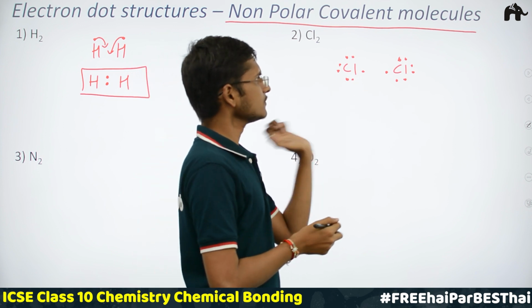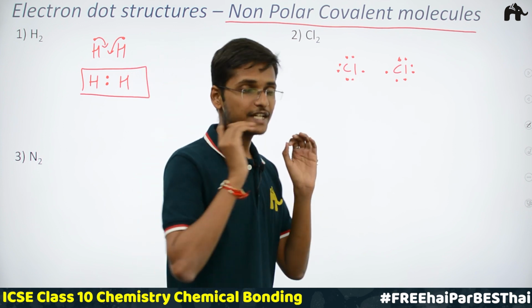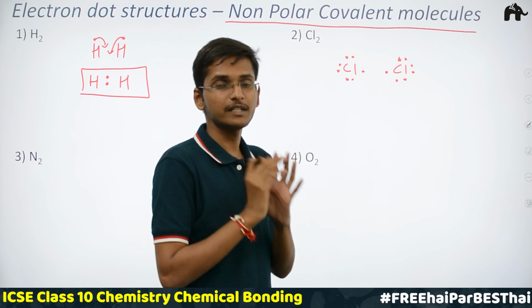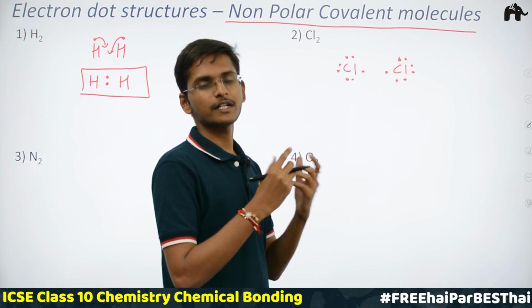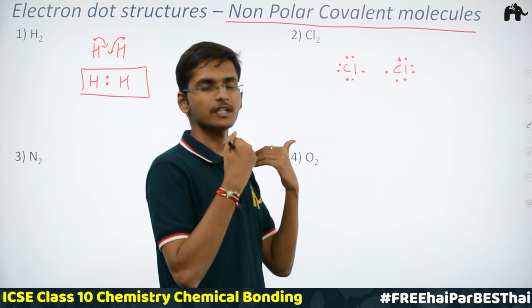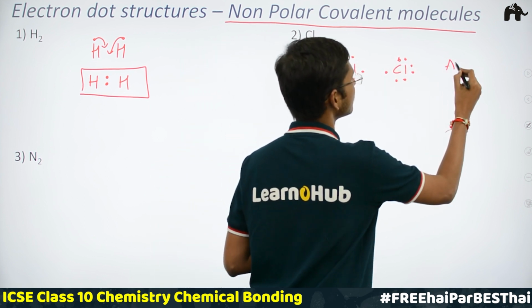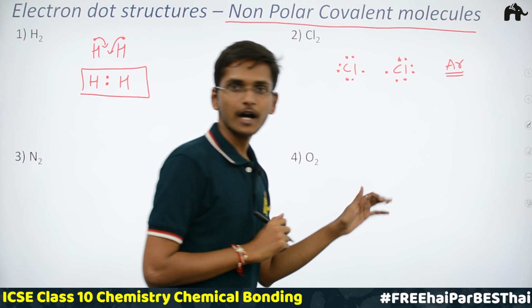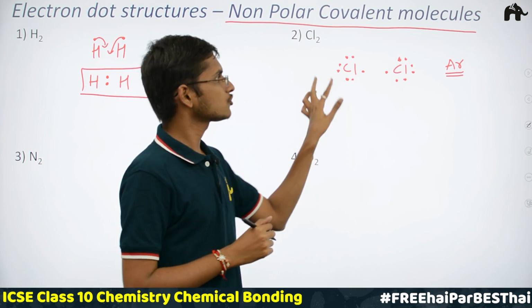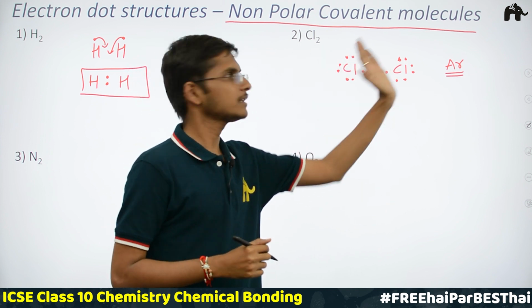Both of them are desperately wishing that they would get just 1 electron, and then their life is changed. Both want to attain the configuration of argon, so they need 1 electron to have the configuration 2, 8, 8.